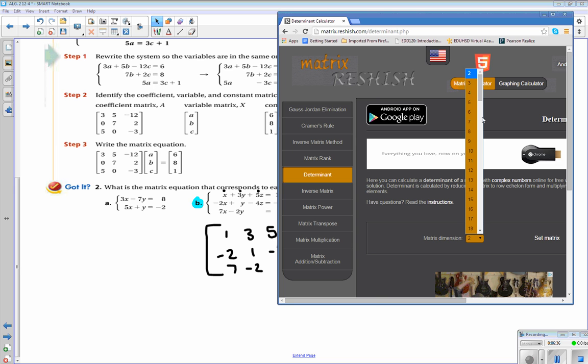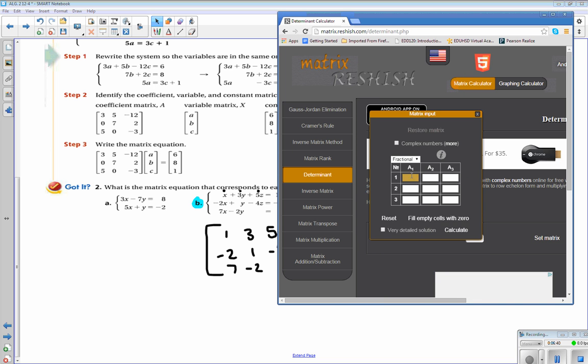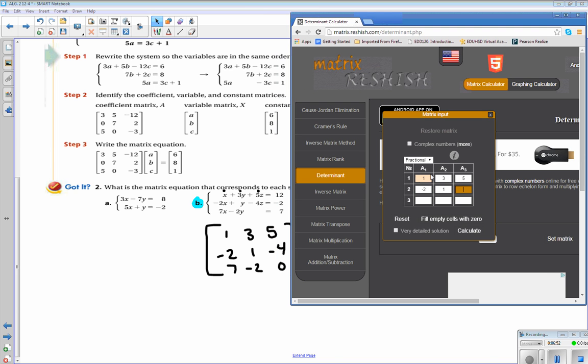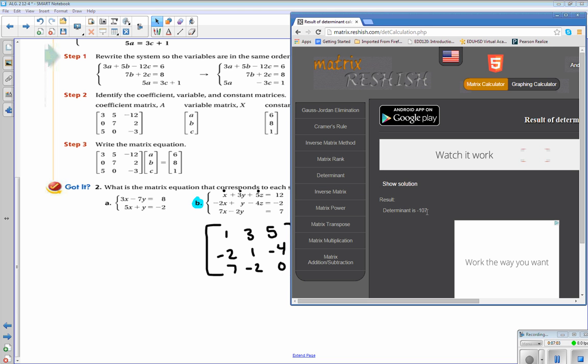So you set your matrix dimension at 3, and then you put in your coordinates: 1, 3, 5, negative 2, 1, negative 4, 7, negative 2, and 0. The determinant is negative 107.